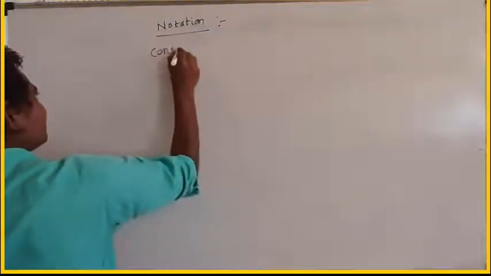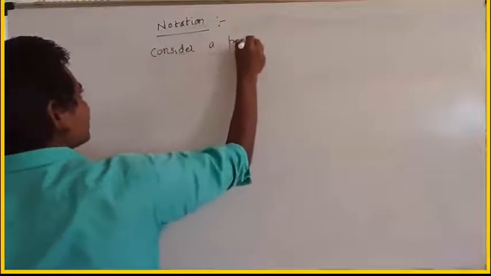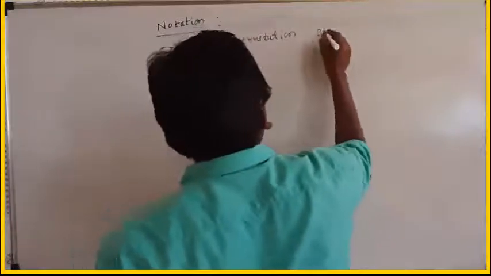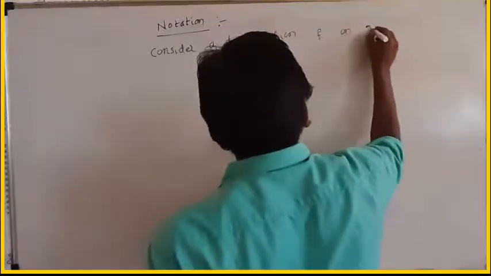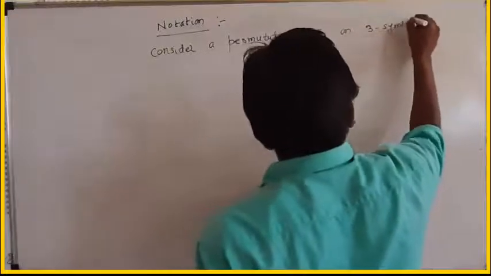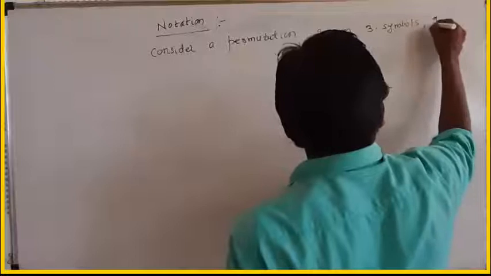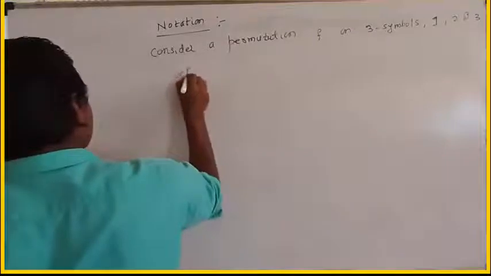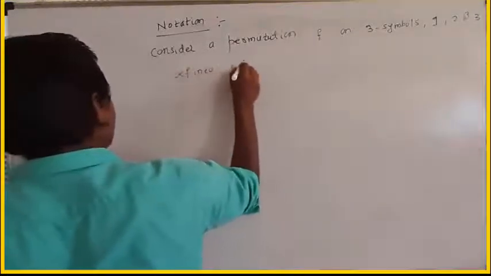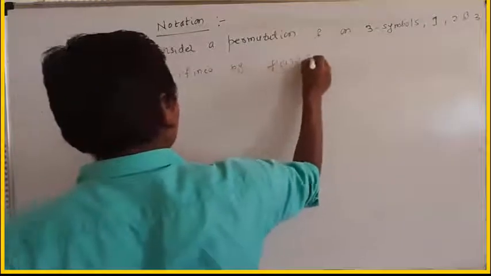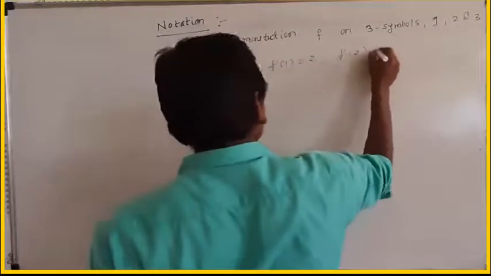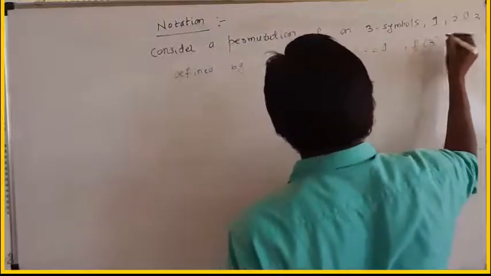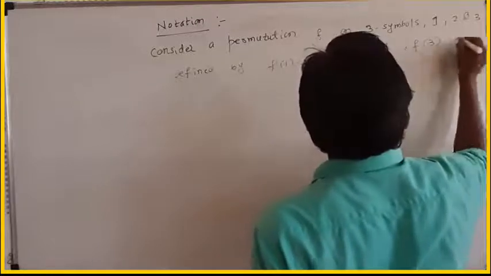Consider a permutation f on three symbols 1, 2 and 3 defined by f of 1 is equal to 2, f of 2 is equal to 1, f of 3 is equal to 3.